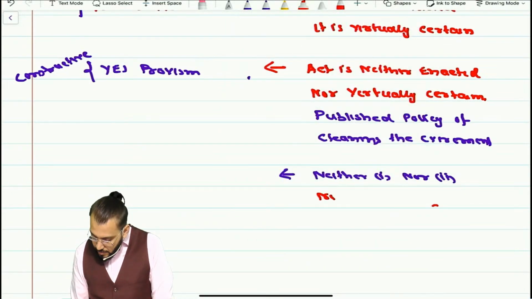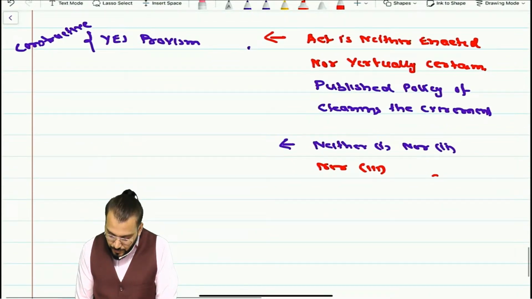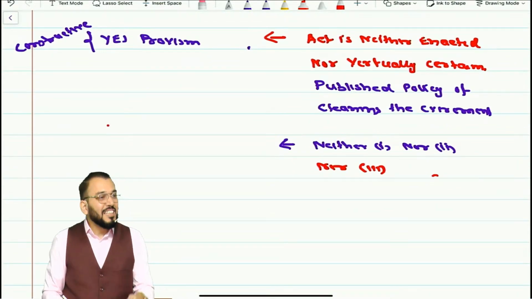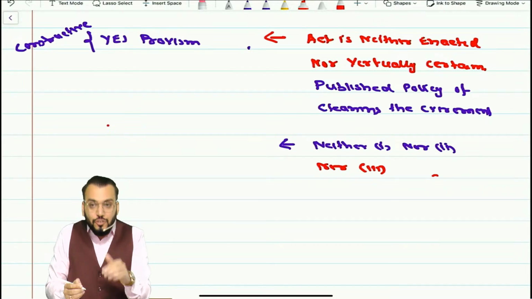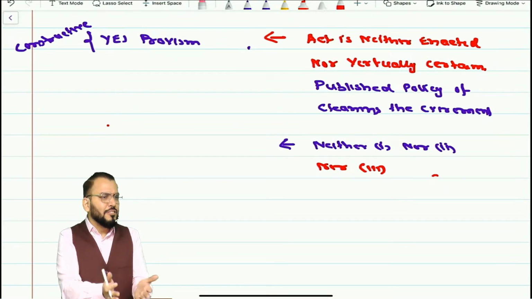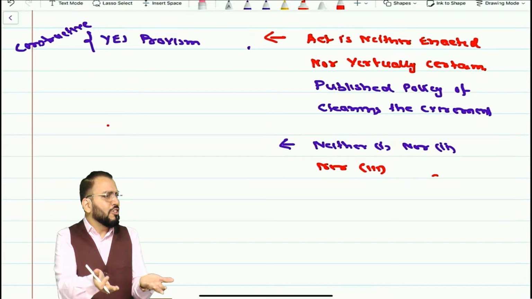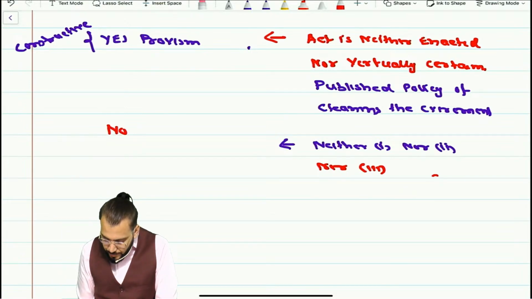So tell me, should we create a provision? The first condition is not satisfied. There is no obligation at all. So the question of creating a provision will not arise. No provision.